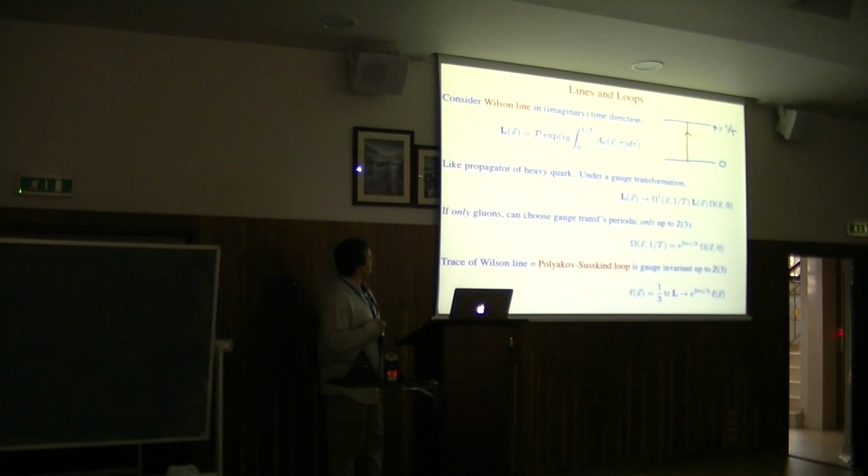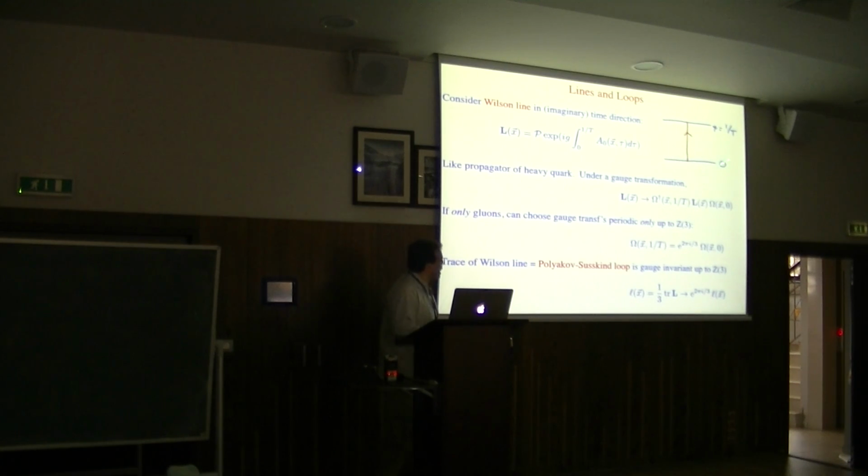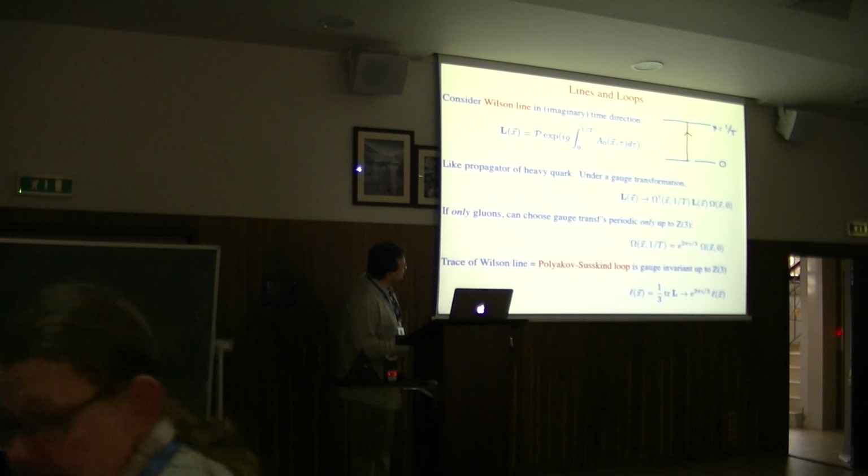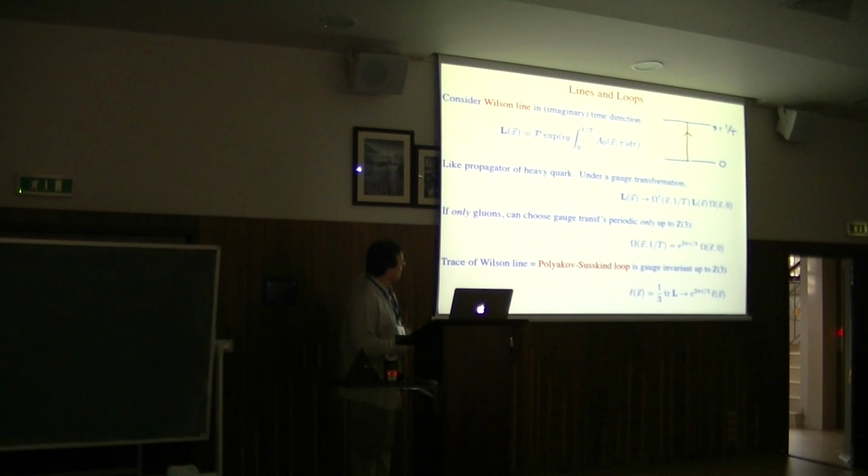We can then consider, now I'm going to assume you have some knowledge of finite temperature. So here, the y-axis is denoting imaginary time that goes from 0 to 1 over the temperature. And we can take a Wilson line that runs up in the imaginary time direction. This is the path-ordered exponential of e to the i g times the vector potential.